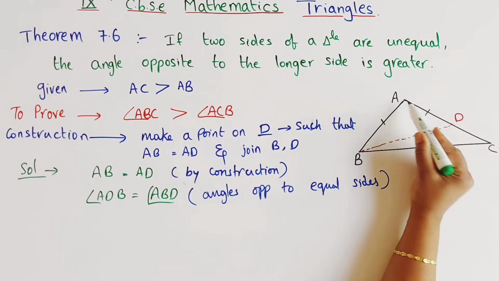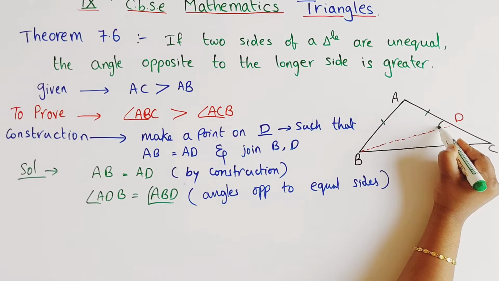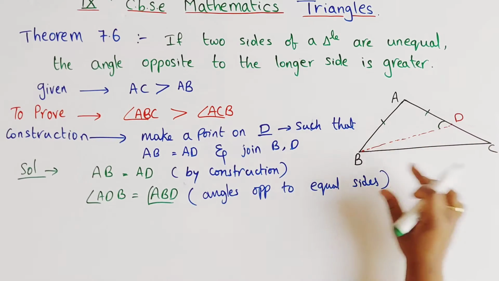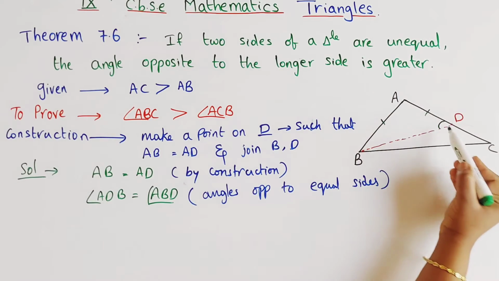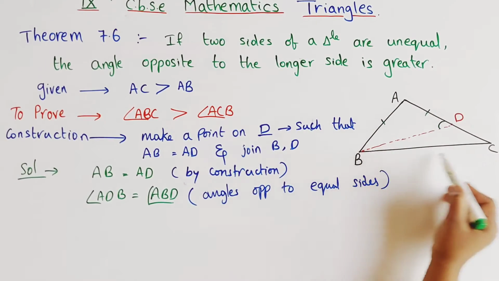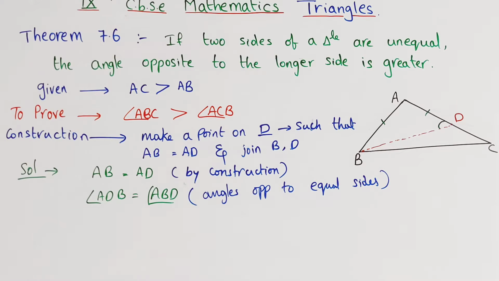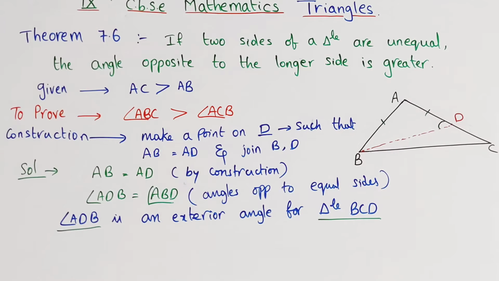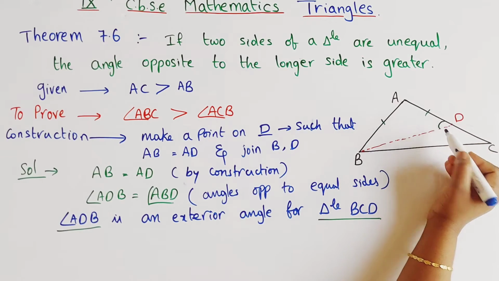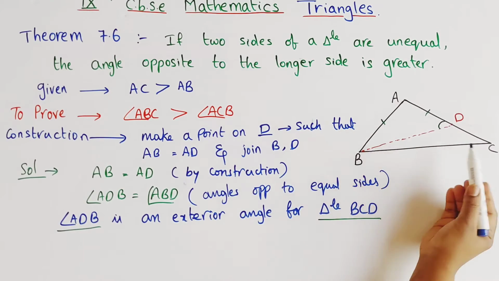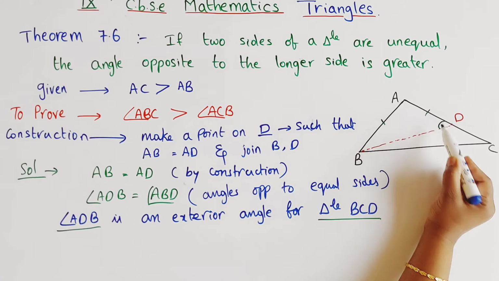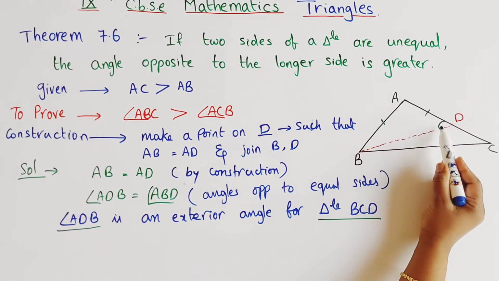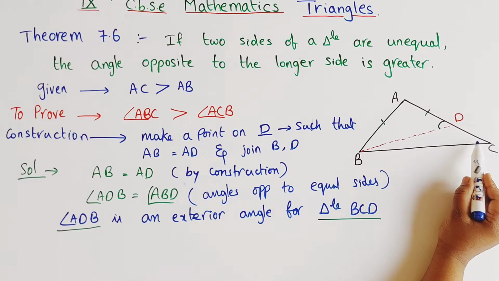Now observe carefully angle ADB. This is an exterior angle for the small triangle BCD. If you observe this, this angle is the exterior angle for triangle BCD. We know that an exterior angle is equal to the sum of the opposite interior angles. Right, children? That means this angle is greater than this angle and it is greater than this angle also.